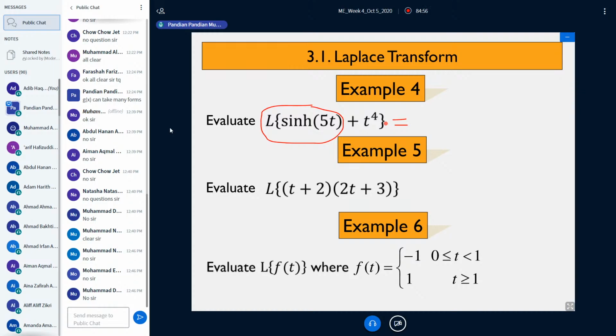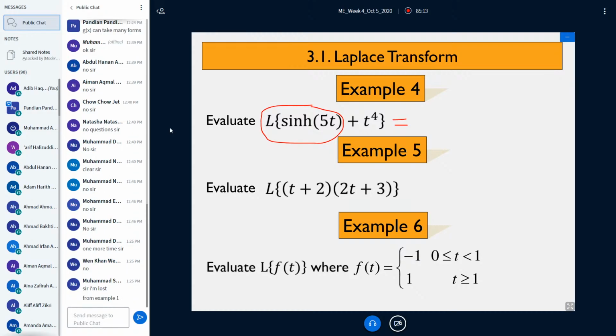You got it, class? You got it? The first one, example 4. From example 1, what happened? Wen Kan, which one?